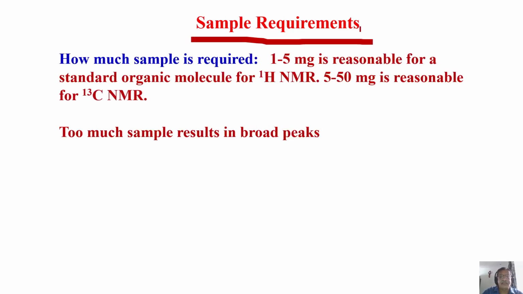First thing, what are the requirements for the samples? We need to know how to prepare the sample, what quantity of the sample we require, etc. As far as the sample quantity requirement is concerned, approximately 1 to 5 milligram is reasonable for a small organic molecule, especially for proton NMR.